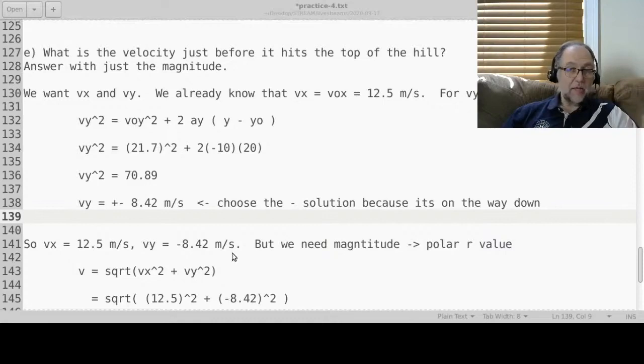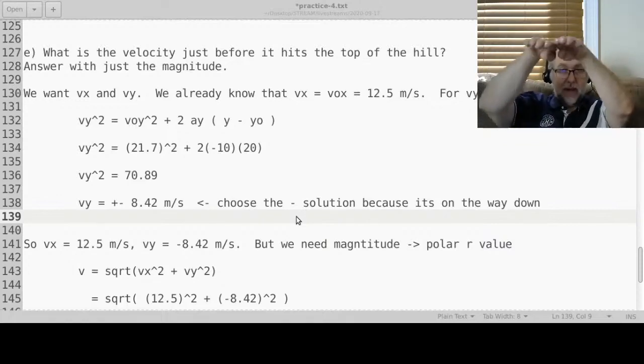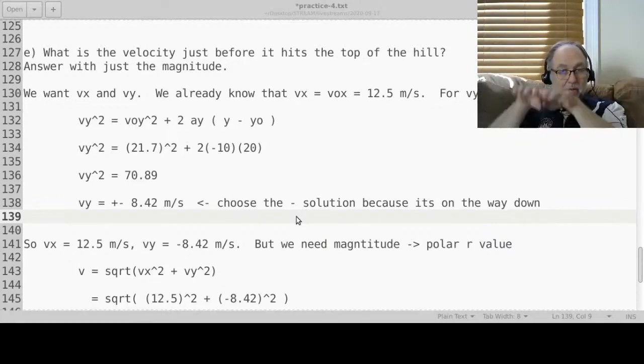And you say, well, which one do you want? You actually want the negative solution. This is a case where if you hadn't considered both the positive and negative, you would have gotten it wrong. The reason you want the negative solution is because when it lands on the top of the hill, it's coming down, so the y component of the velocity has to be negative. Not that it matters for the magnitude, but it would matter if I'd asked about the direction.